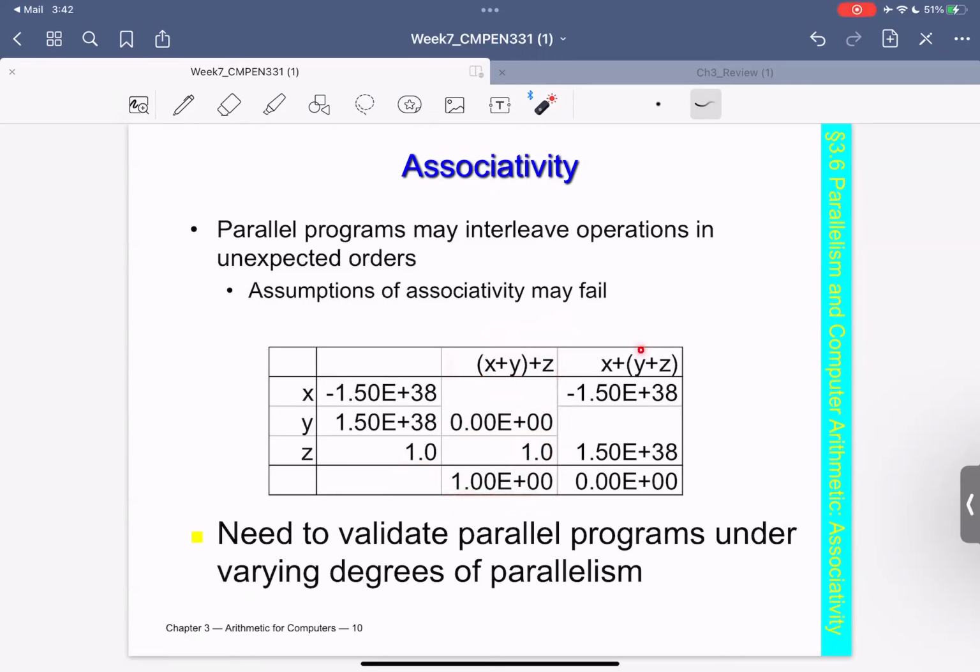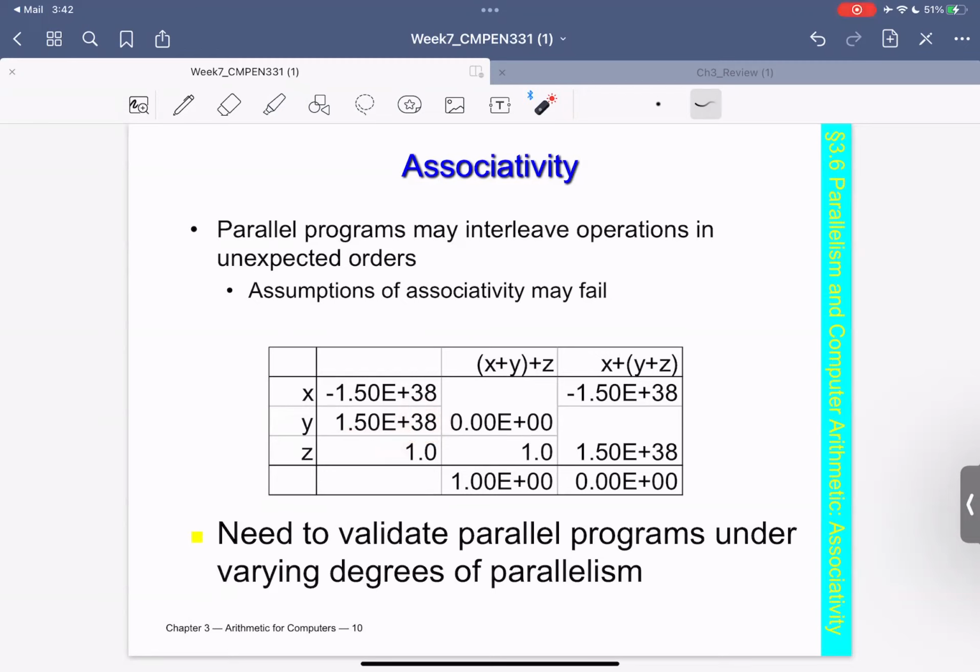Suppose that I would like to do y plus z first, and then the result will be added to x. In this case, this is the y plus the z. That number added to that number. As you can see from here, this is multiplied by e to the power of 38. A huge number added to 1. What will that be?